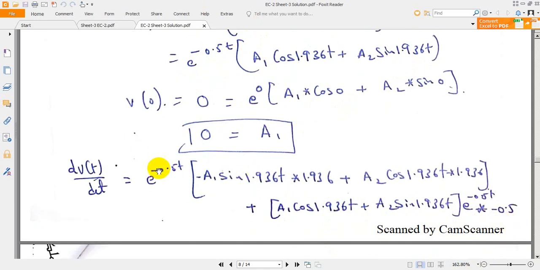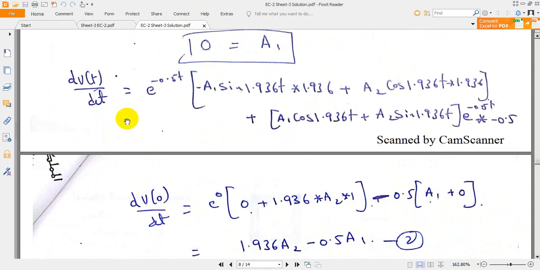We got this expression. In this again substitute t is equal to 0. If you substitute t is equal to 0, you will get dV of 0 by dt: e power 0 is 1, sin 0 is 0 so this whole expression will become 0, and cos 0 is 1, so it will become a2 into 1.936 into 1, which is 1.936 a2.